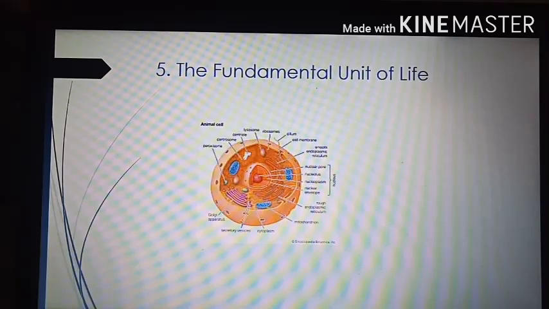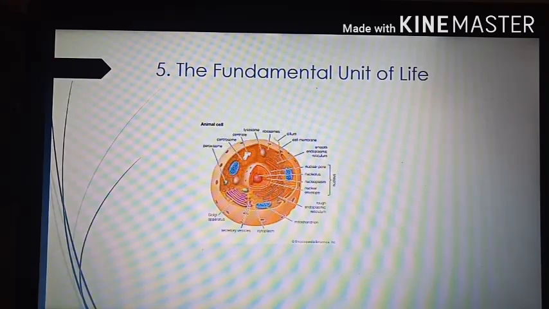It is also called cell membrane. Improvement of substance in the cell, explanation of diffusion and osmosis process, effect of various solutions on the cell.